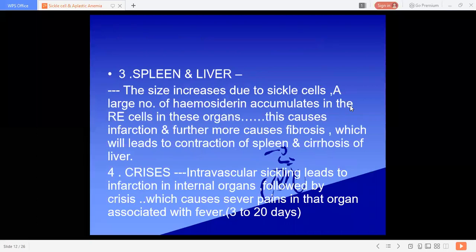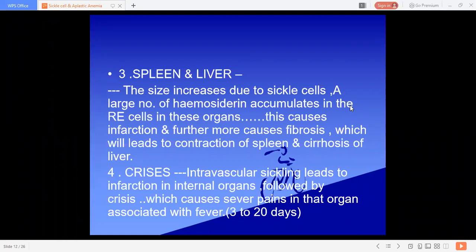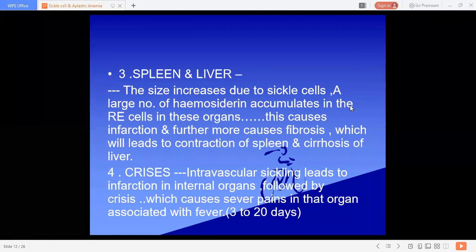Now the spleen and liver. The size increases, there is splenomegaly, there is hepatomegaly, due to sickle cells. A large number of hemosiderin get accumulated in the reticuloendothelial cells in these organs. Due to destruction, a large number of hemosiderin accumulates in the reticuloendothelial system.